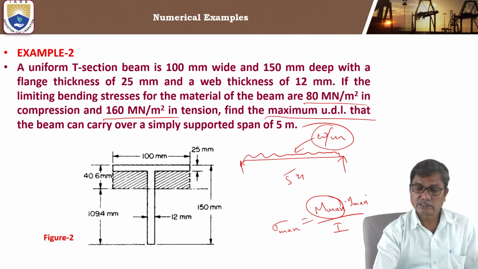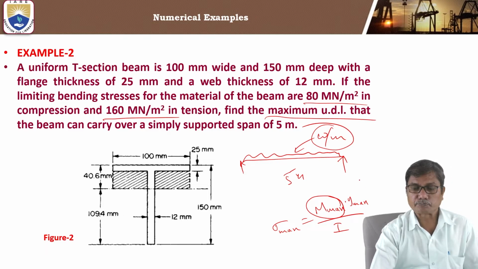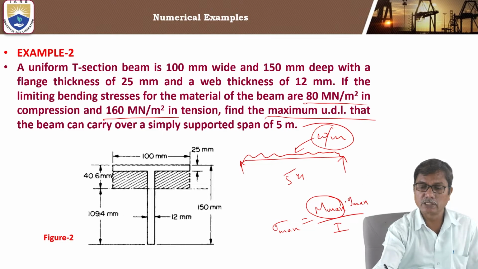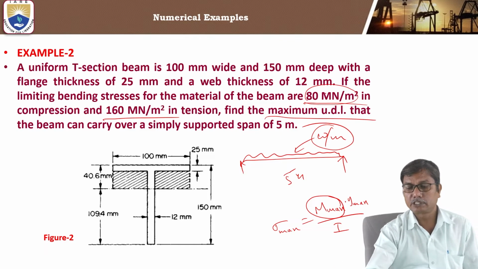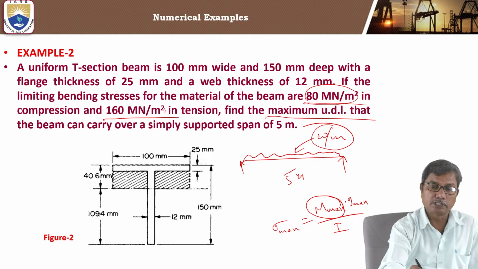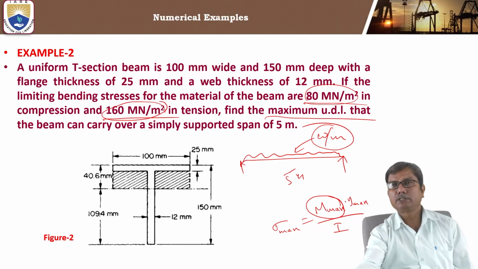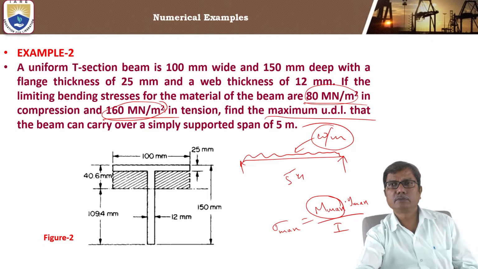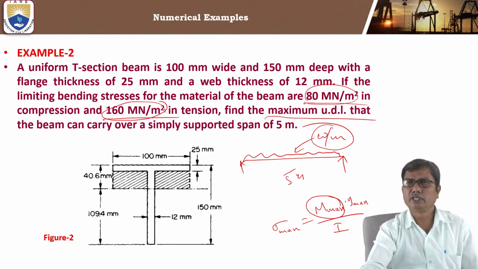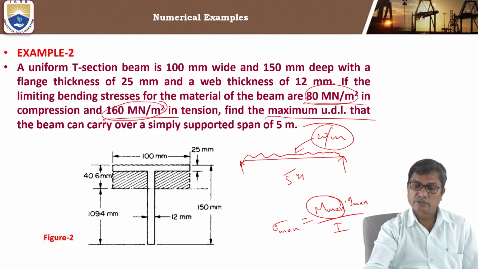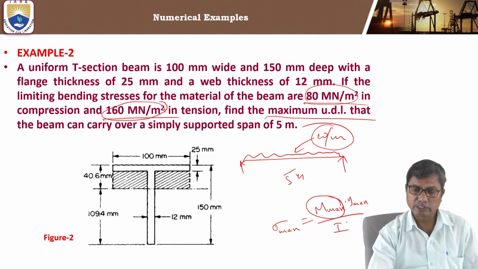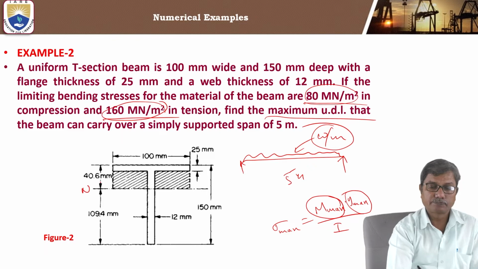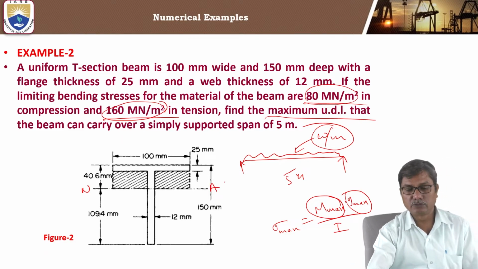We find the limiting value of load based on the limiting stress in compression and the limiting stress in tension. The least of these two loads will be taken as the maximum load that can be applied over the beam. Before proceeding, we need to locate the centroidal axis, the position of the neutral axis.